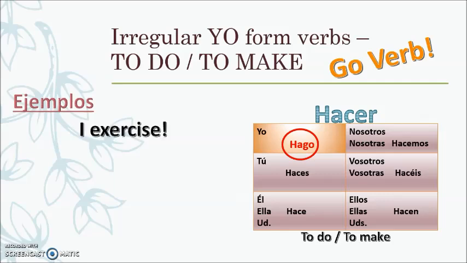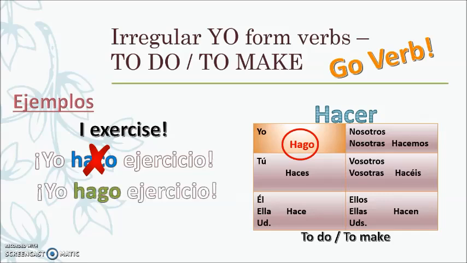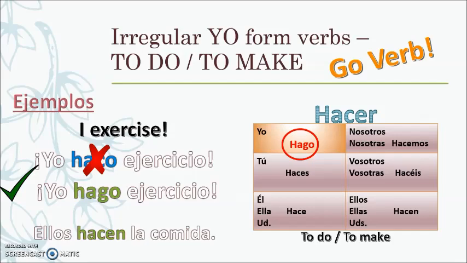So for example, if I wanted to say I exercise, you actually do not say yo hago, ejercicio. That isn't a word. So you're going to say yo hago ejercicio, and that is correcto. But the rest of the forms are just regular conjugation. So I can say ellos hacen la comida. They make the food. So everything else conjugates like a normal ER verb.